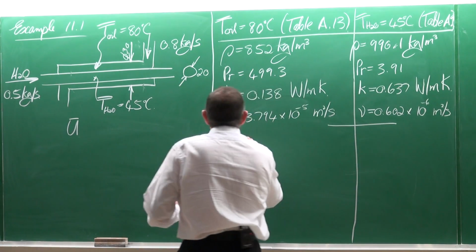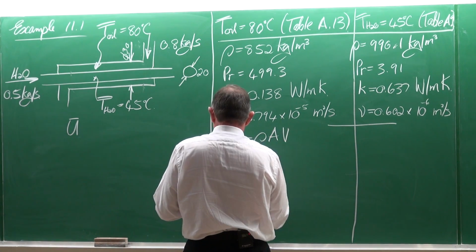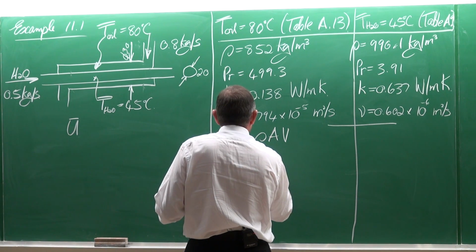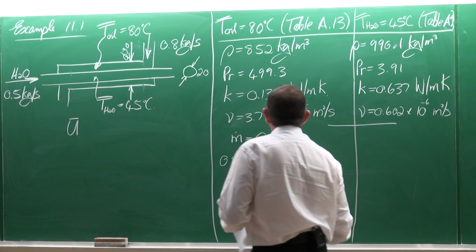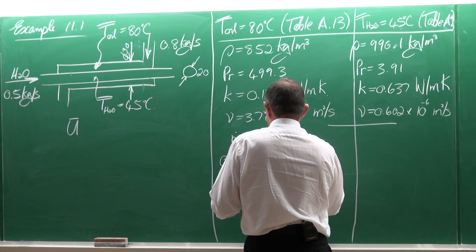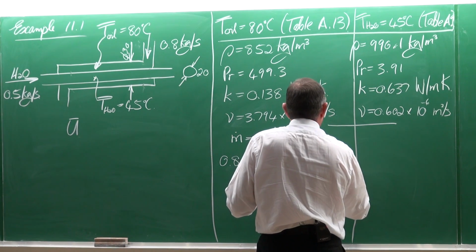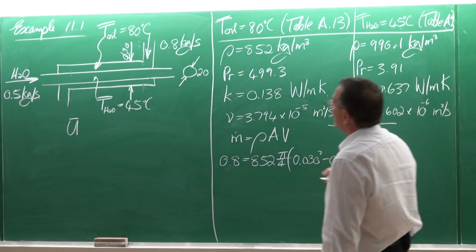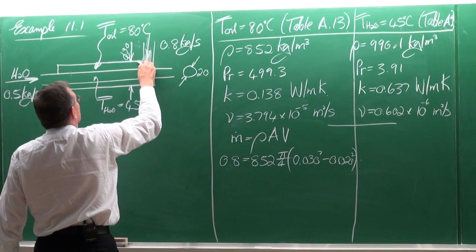But if you look at it, you'll see that we're going to use approximately the same procedure for both of them. So we start with the mass flow rate, which is equal to rho A V. The mass flow rate is given as 0.8, it's equal to the density, 852, times the cross-sectional area of the tube, which is pi divided by 4 times 0.030 squared minus 0.020 squared. So this is the annulus. Remember, this is the oil flowing through there.